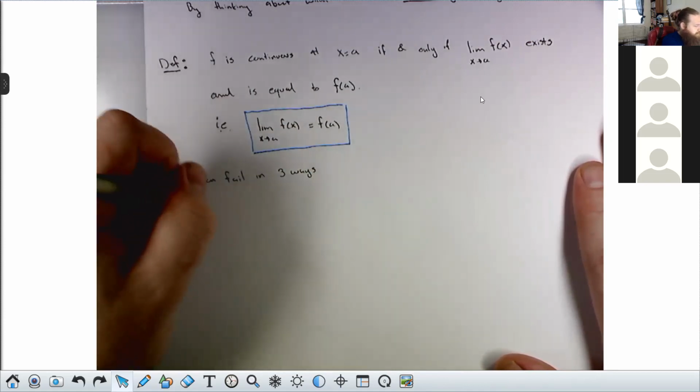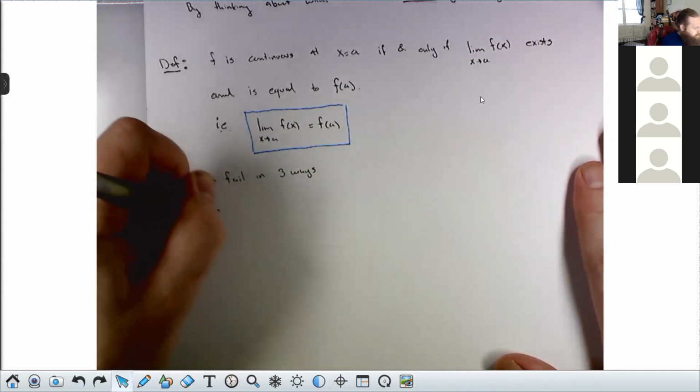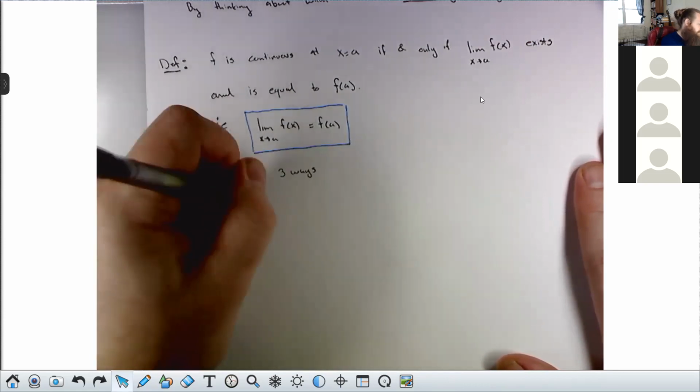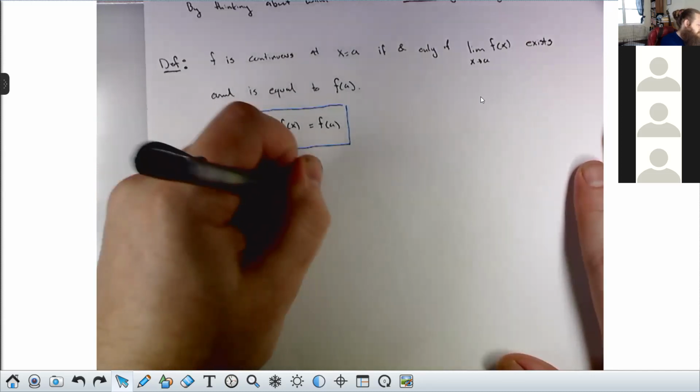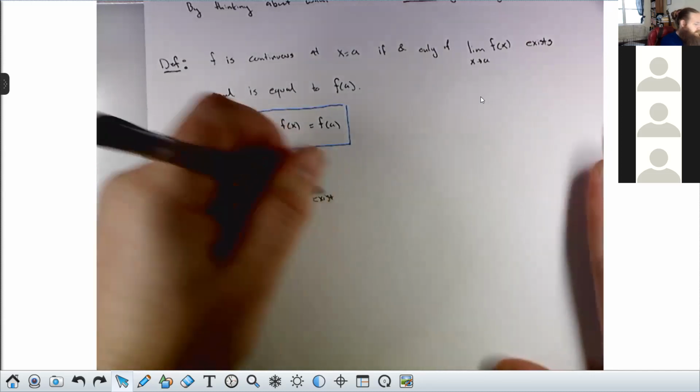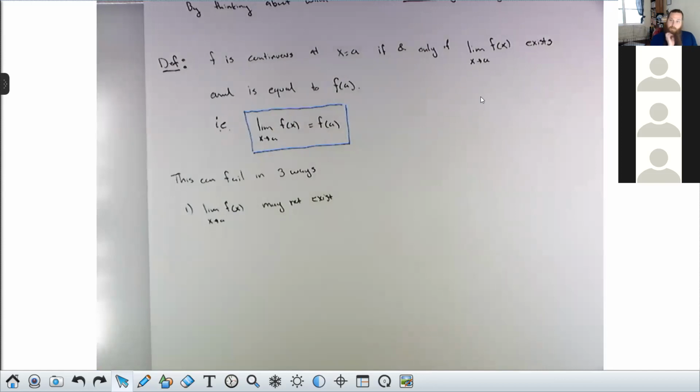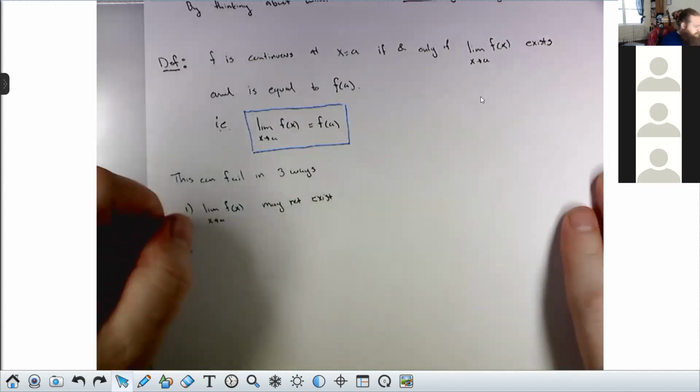First, the limit as x approaches a of f of x may not exist. Maybe the left limit is different from the right limit, or you oscillate really wildly as you get close to a without the amplitude decaying.